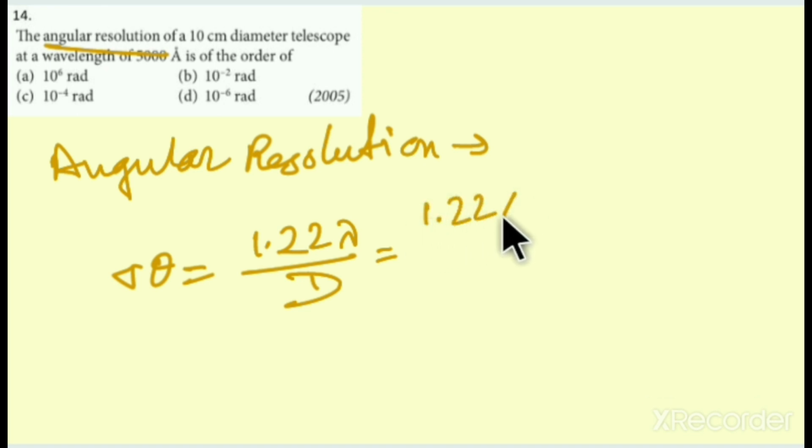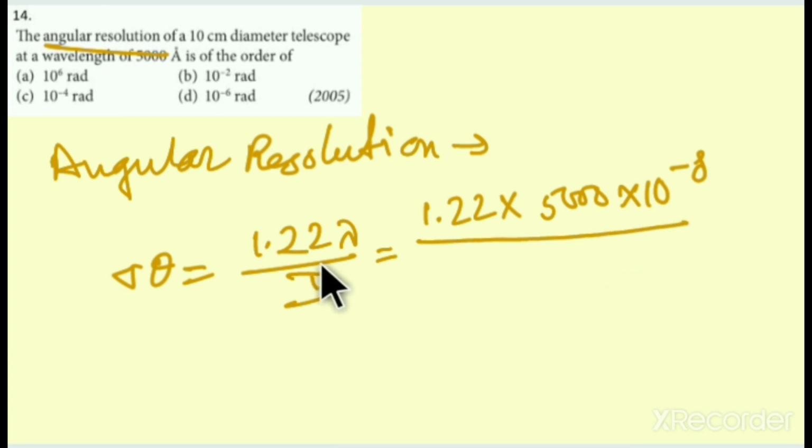The wavelength is given as 5000 Angstrom. We can convert it to meters, 10 to the power minus 10 per angstrom, and d is the diameter.